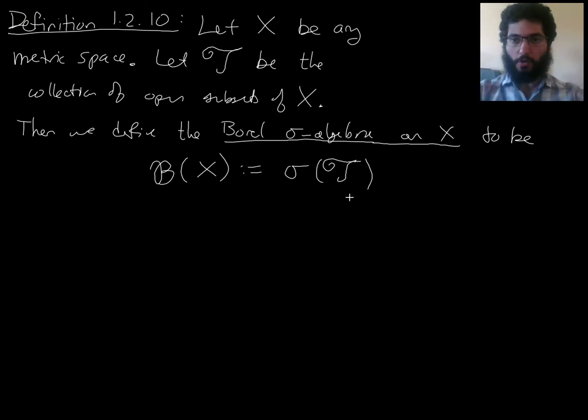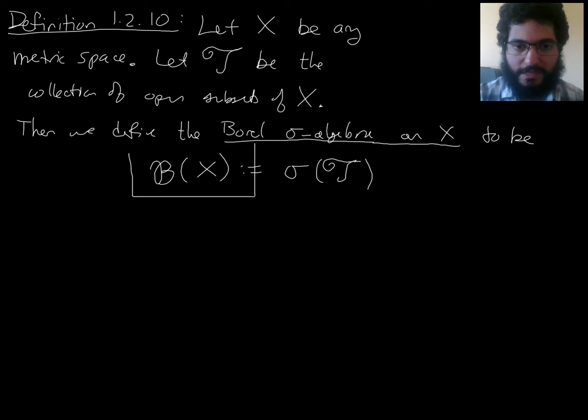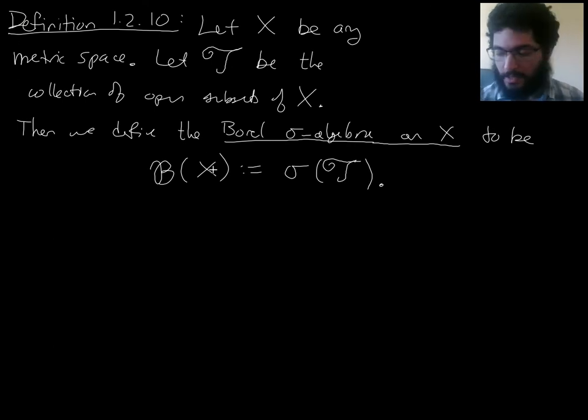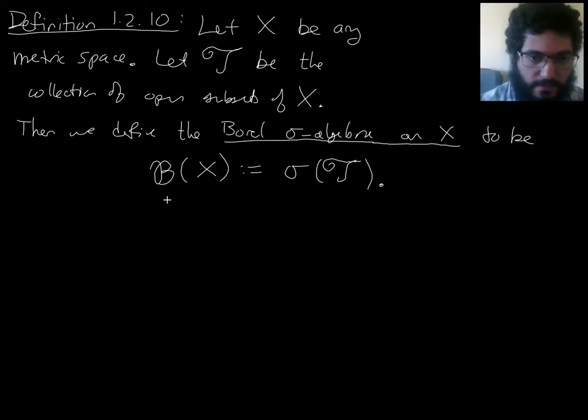So if you say all open sets are measurable sets, and then extend that concept of measurability in the sigma algebra sense, so include whatever else you need to include as measurable in order to make that collection a sigma algebra, then what you get is called the Borel sigma algebra on X. The elements of the Borel sigma algebra are called Borel sets or Borel measurable sets.